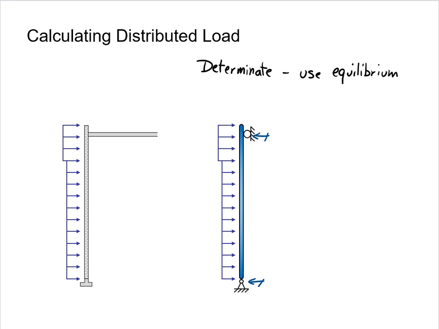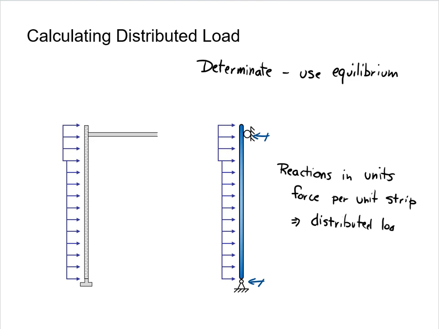When we apply equilibrium, the reactions will be in units of force, but they are for a unit strip, so the reaction is actually a distributed load. It has units like pound per foot or kilonewton per meter. The horizontal reaction at the roof level is the distributed load acting on the diaphragm edge.